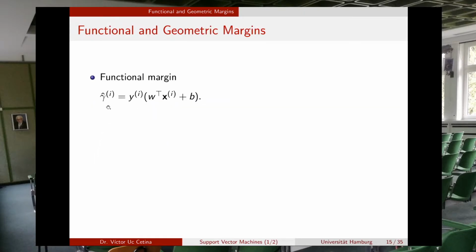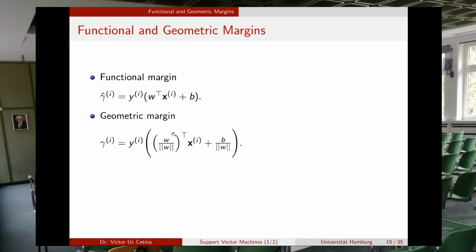So we have seen that the functional margin gamma circumflex for a point can be computed with this product. And we have also seen that the geometric margin, gamma, can be computed by the product again of the label and this model.